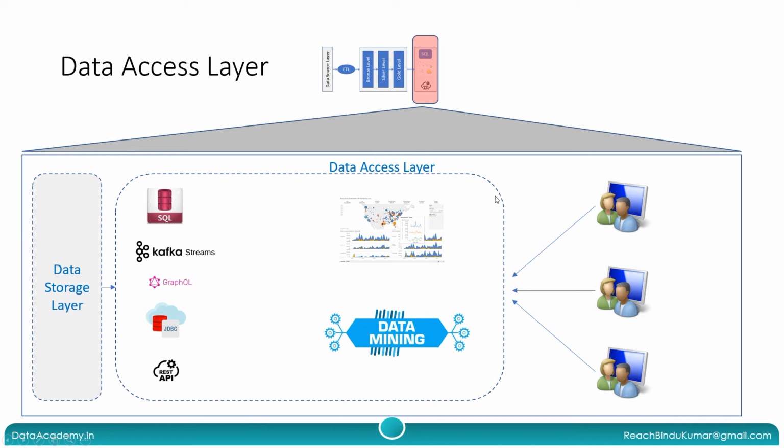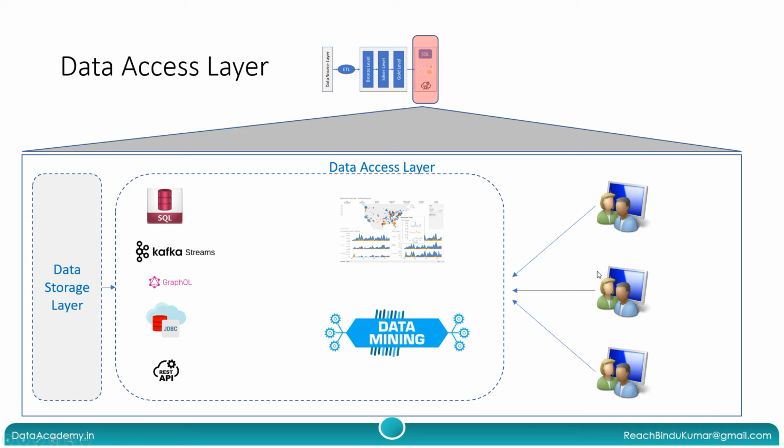So the data access layer refers to the layer from where you expose the data. Now there are many things that need to be handled here. First, your data storage must be such that it supports all these different kinds of interfaces, or at least the few that you have decided for your project. And second, it also depends on the maturity of your users.